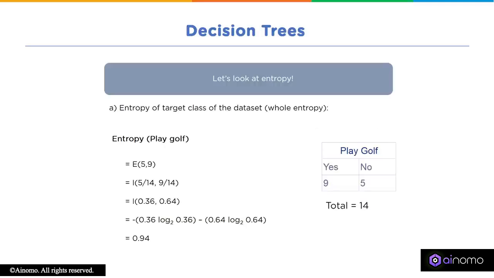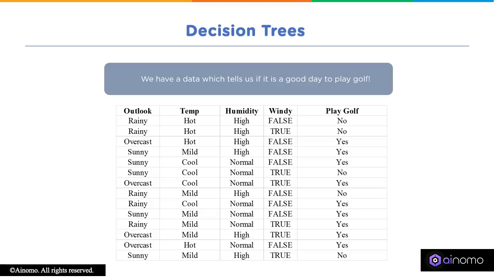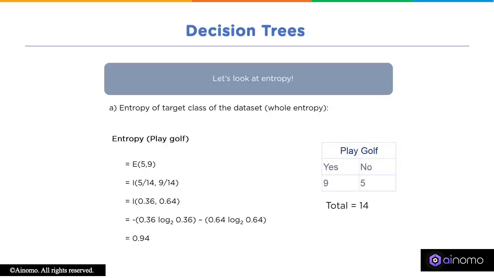But let's break that down and see what it actually looks like when we're computing that from the computer script side. Entropy of a target class of the data set is the whole entropy. So we have entropy of play golf. And if we go back to the data, you can simply count how many yeses and no's in our complete data set for playing golf days. In our complete set, we find we have 5 days we did play golf and 9 days we did not play golf. So if you add those together, 9 plus 5 is 14, and our I equals 5 over 14 and 9 over 14.